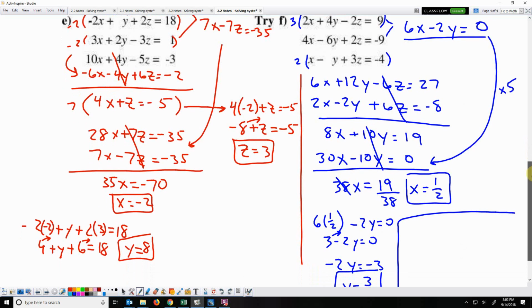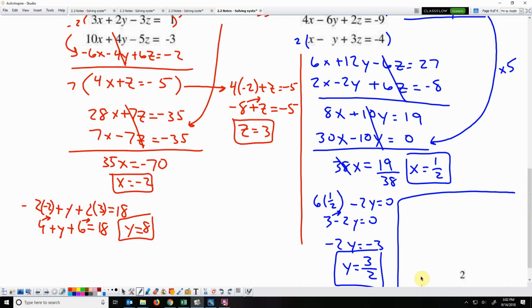probably the bottom equation. So the x is 1/2 minus the y is 3/2 plus 3z equals negative 4. Okay, so 1/2 minus 3/2. 1 minus 3 is negative 2, so it's negative 2/2, which is negative 1.